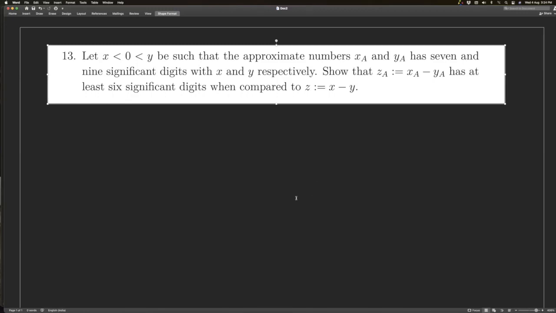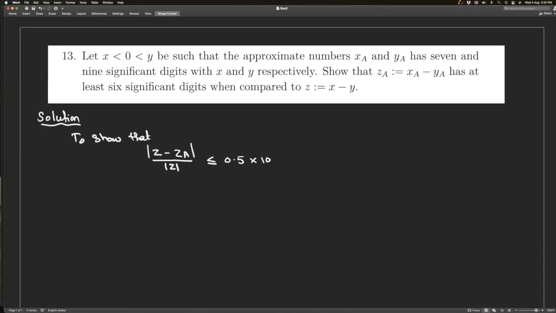We are asked to show that if we use approximate values instead of exact values, then we land up getting the answer which is 6 significant digits when compared to the true answer. So it means to show that |z minus za| divided by |z| should be less than or equal to 0.5 into 10 to the power of minus r plus 1. Now we want to have r to be 6, therefore minus 6 plus 1, therefore we want it to be minus 5, right? This is what we have to show.